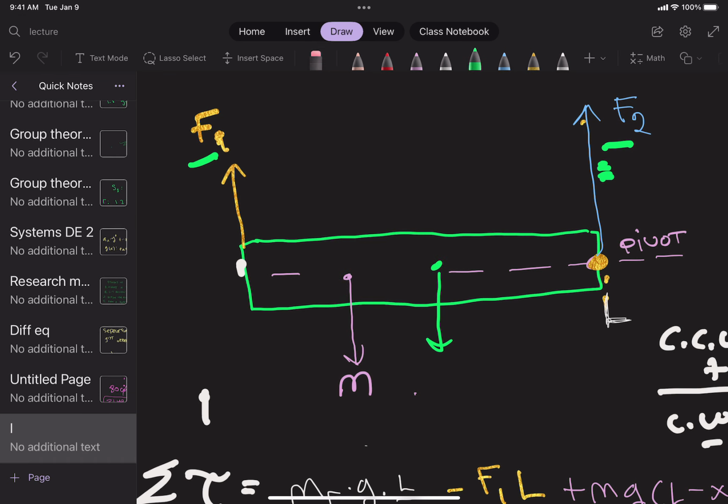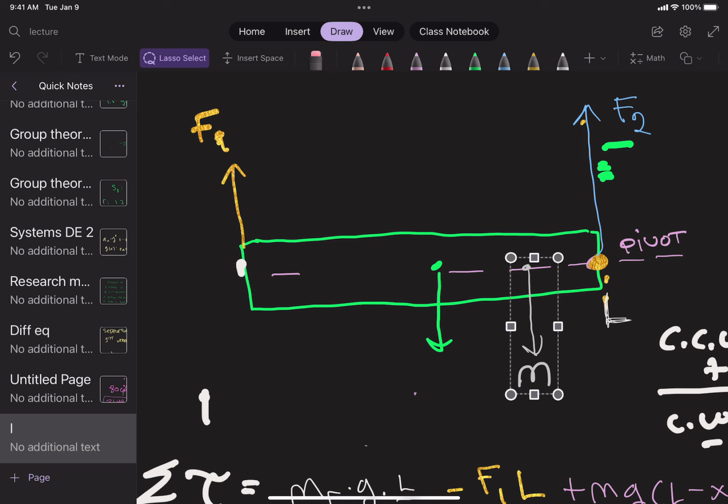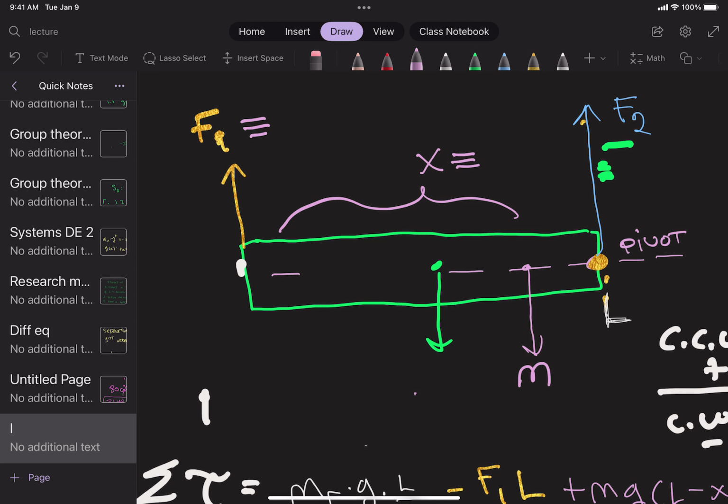For part 1, you're going to move the hanging mass back and forth. So you'll take the hanging mass and change its position, so you'll change the value for x. And for each x, you're going to record the corresponding force. That's going to be part 1.